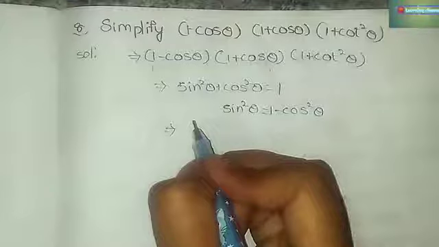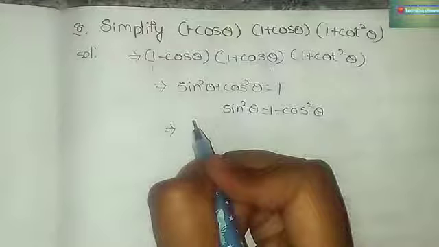Eighth problem is simplify 1 minus cos theta into 1 plus cos theta into 1 plus cot square theta. Let us write it. 1 minus cos theta, 1 plus cos theta, 1 plus cot square theta. We know the first identity. The formulas needed to solve this problem are, from this what we can write?